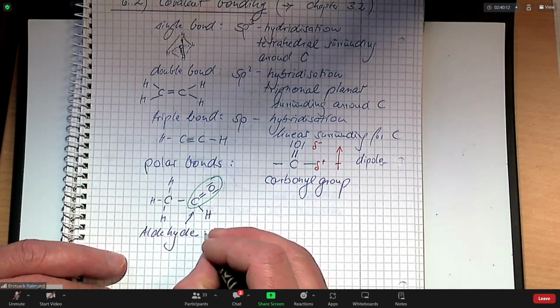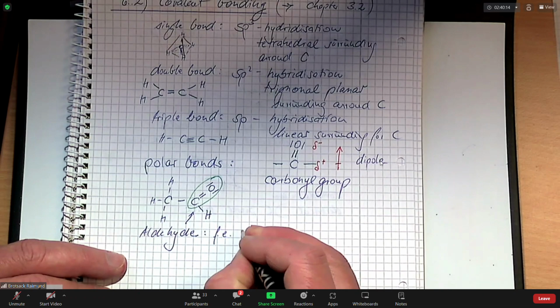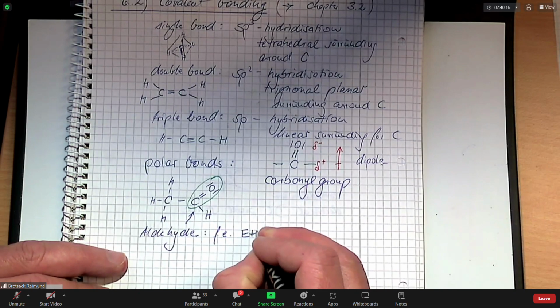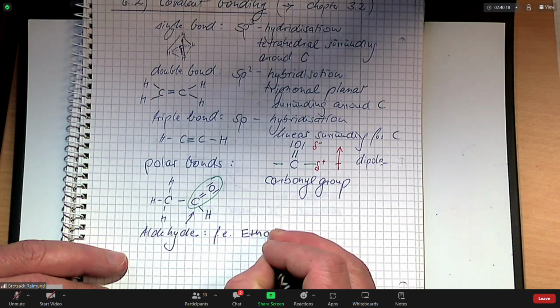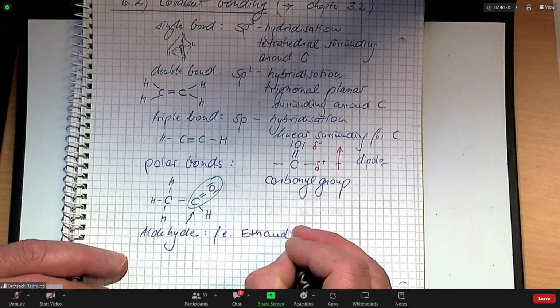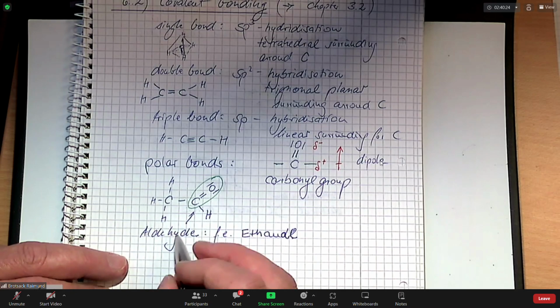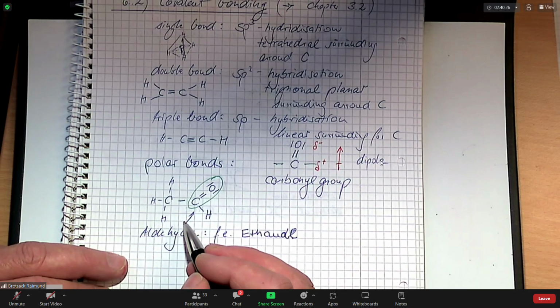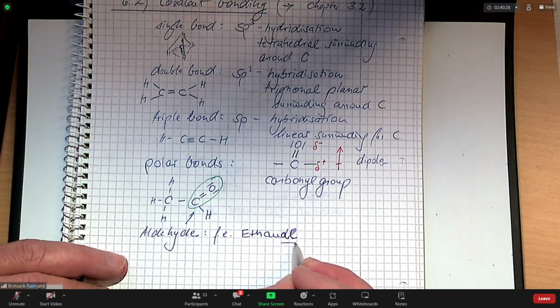And in this example, it's coming from ethane. Ethanal is the name. Always when we have an aldehyde, we call it al at the end.